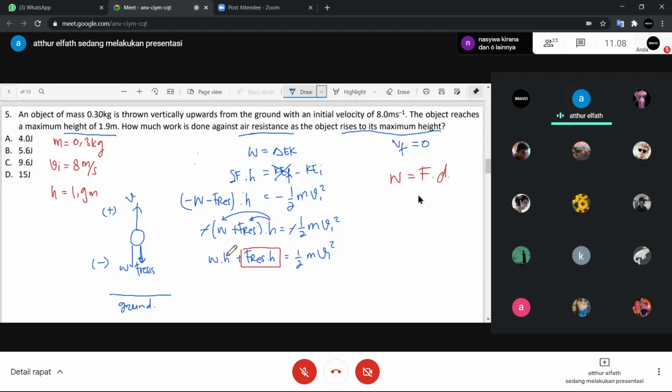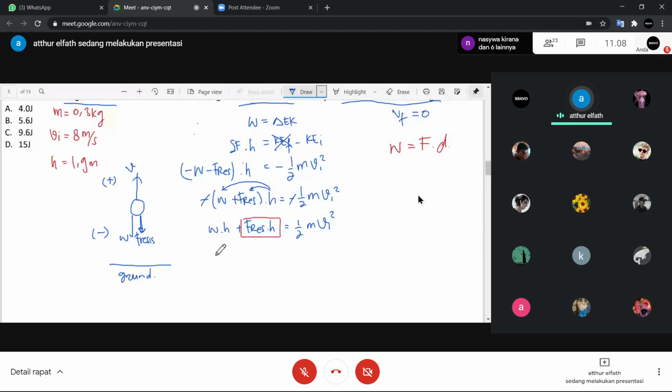Now in this solution, I want to use the number 9.8. Okay, 0.3 times 9.8, and the height is 1.9, plus work of air resistance. One half times 0.8, and the velocity is 8 meters per second squared.